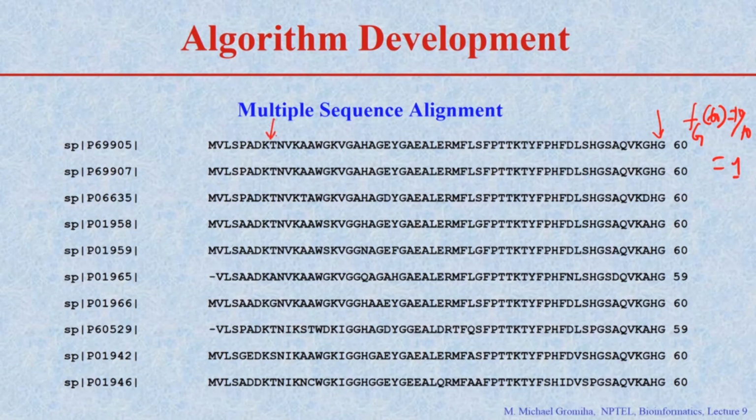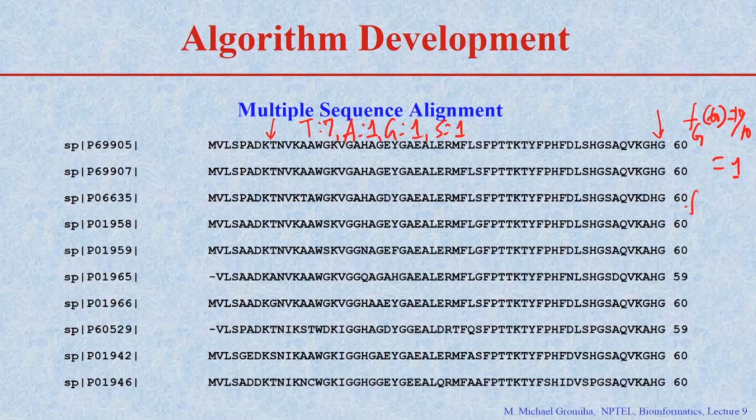If you see there, what is the frequency of these amino acid residues? How many times T occurs? T occurs 7 times. Alanine 1 time. Glycine 1 time. Serine 1 time, right. So, now convert this into frequencies.